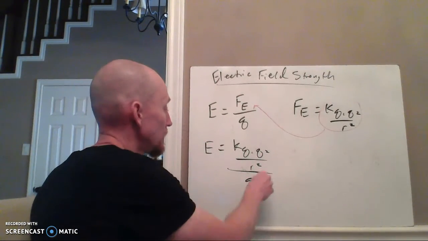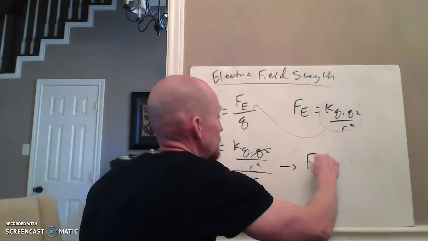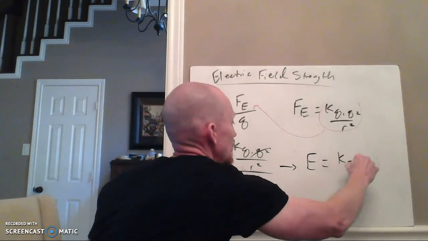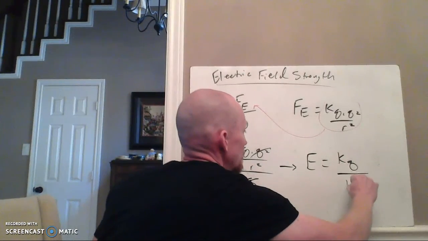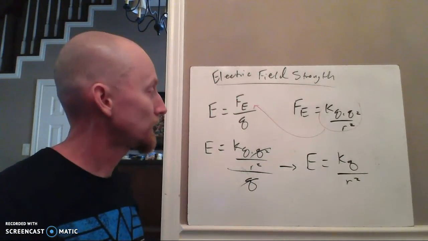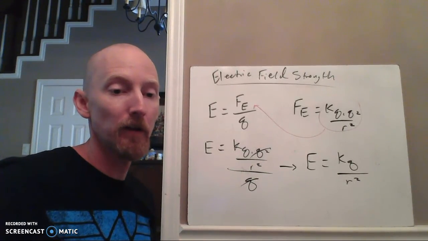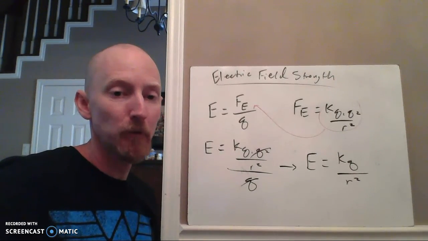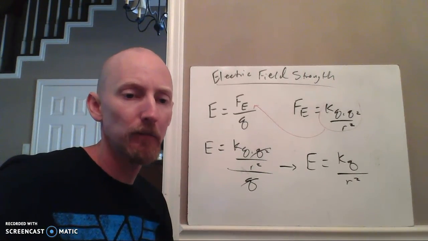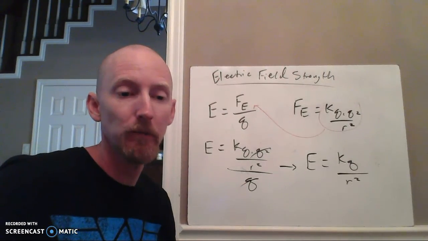What happens, one of the Q's cancels, and so electric field strength is equal to KQ over R squared. And that's really your equation for electric field strength. There we go. We're going to talk about some example problems next and how vectors really come into play here, which takes people by surprise.